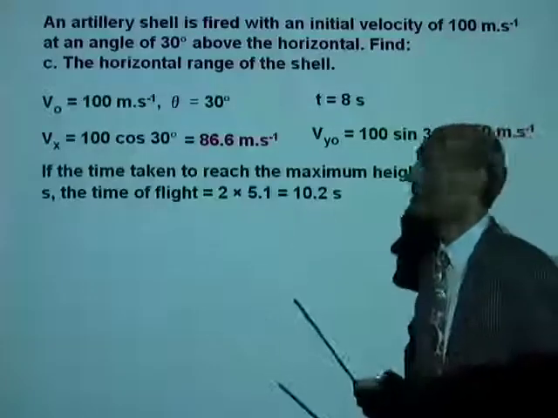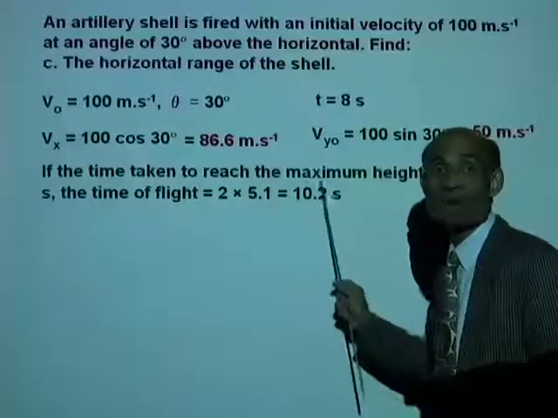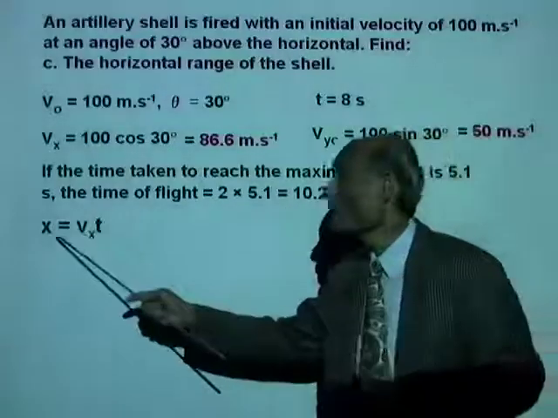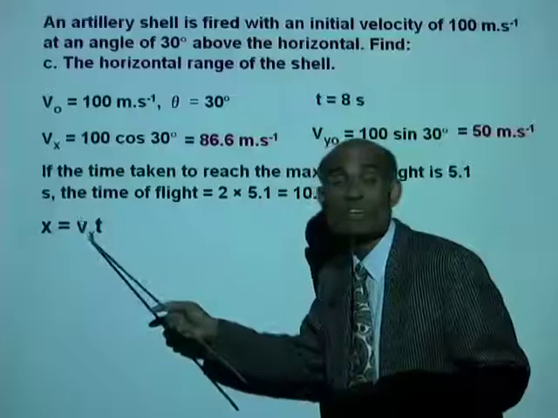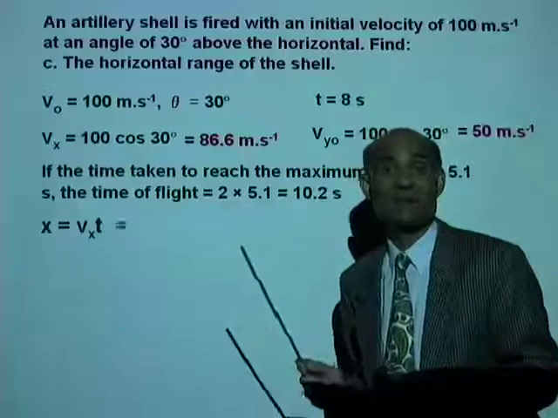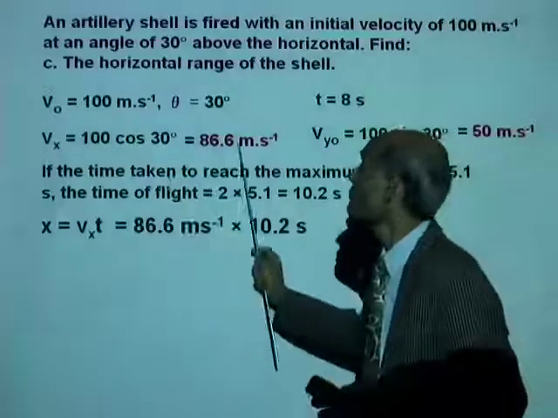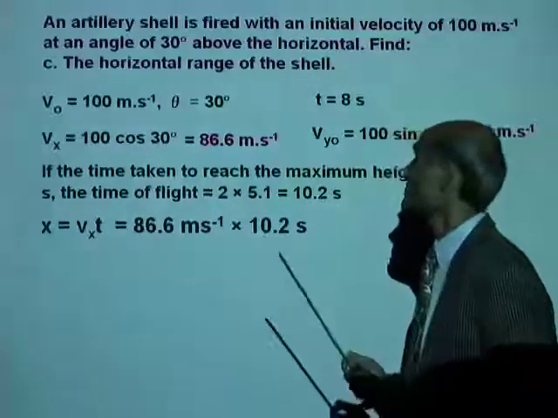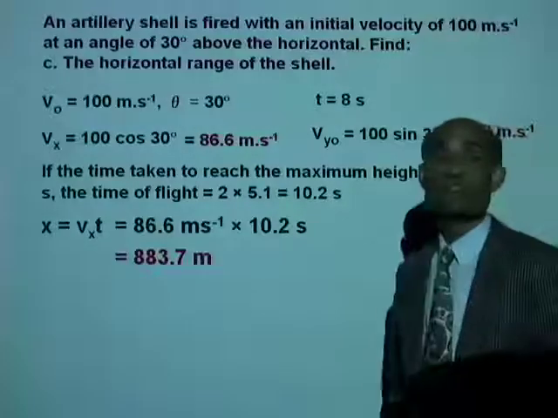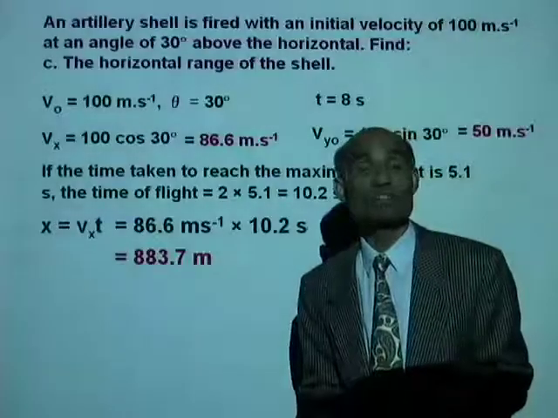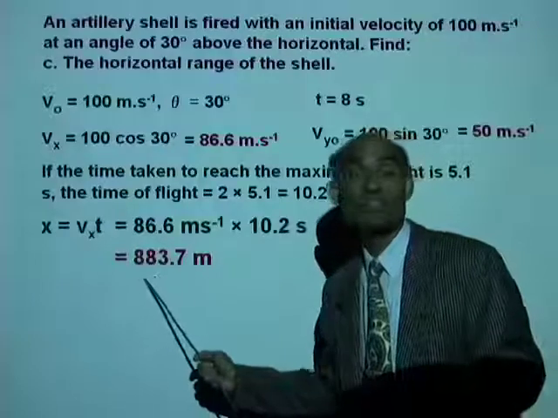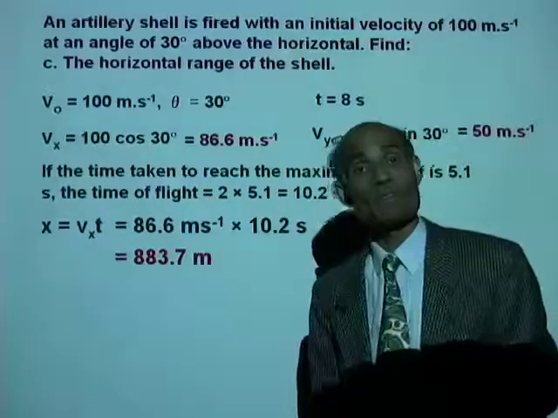There you are. Therefore, x equals Vx multiplied by t, and Vx is 86.6 multiplied by the time of flight, which is 883.7 meters. And that is the horizontal range of that shell.